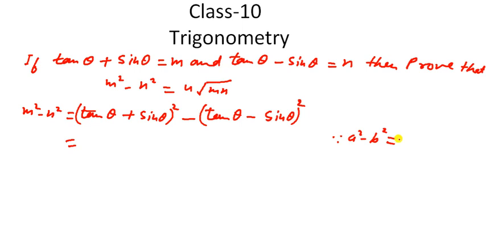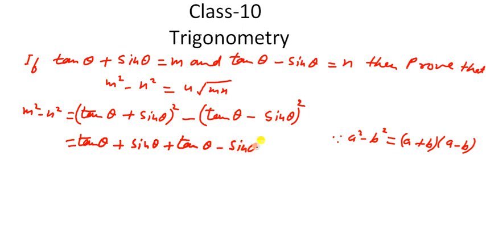As you know, a square minus b square is equal to a plus b into a minus b. So apply this formula here. It is (tan theta plus sin theta plus tan theta minus sin theta) into (tan theta plus sin theta minus tan theta plus sin theta).